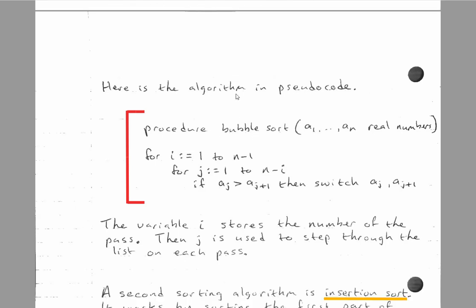All right, and here's the algorithm in pseudocode. Remember from last time our kind of fake programming language. All right, so call it bubble sort.